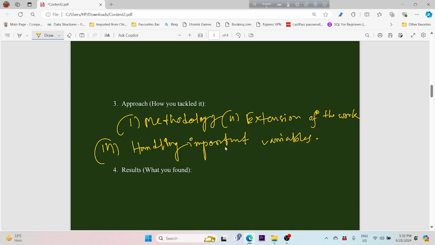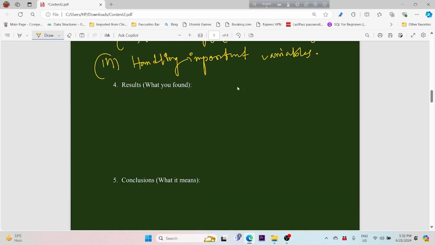Okay. So, result, what you found. You will clearly state your findings, ideally with quantifiable improvement, like how much faster, how much cheaper, and you should avoid vague terms. So, first of all, you have to address how much faster or how much cheaper, the improvement side.